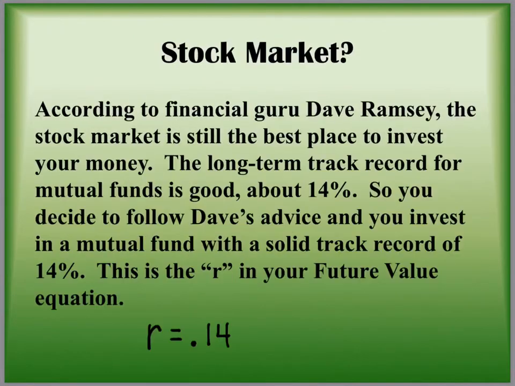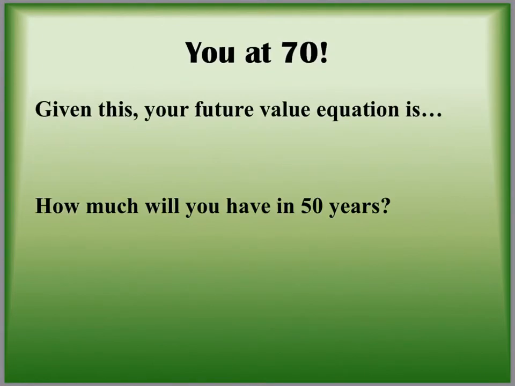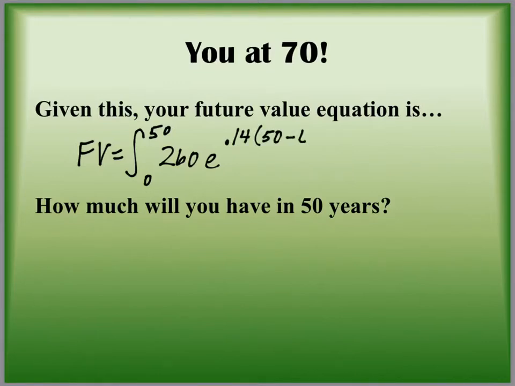And we're going to write that equation down. So I'm going to flip back to my screen where I have space. So my future value is the integral from 0 to 50 of 260 e to the... no, it was r first, wasn't it? 0.14. And then 50 minus t, dt.